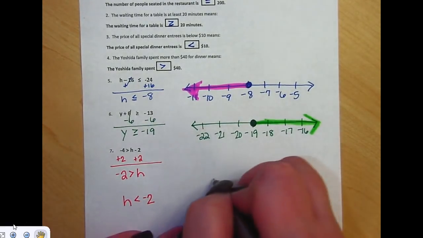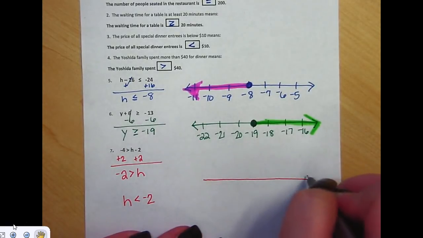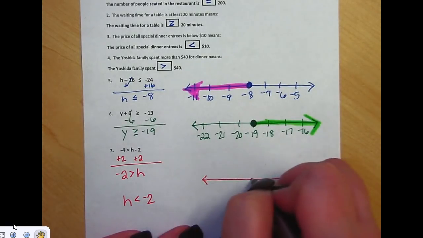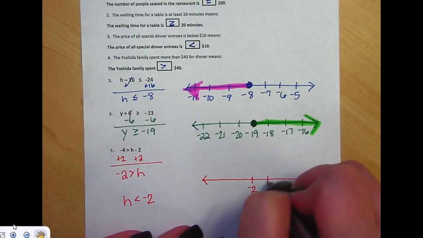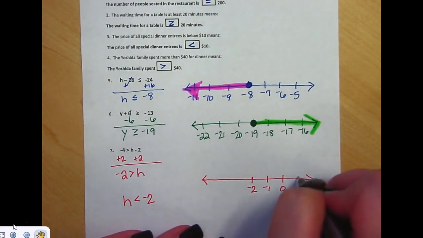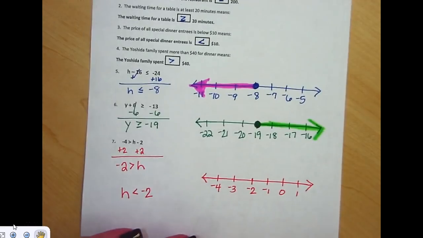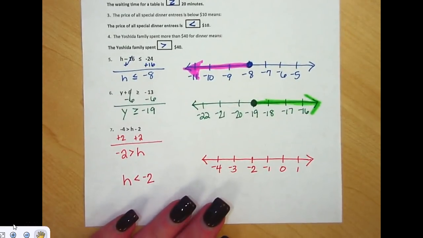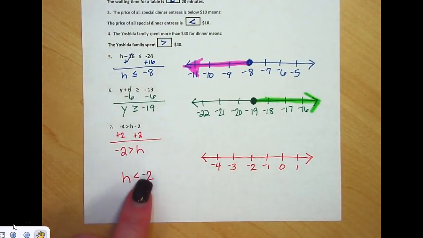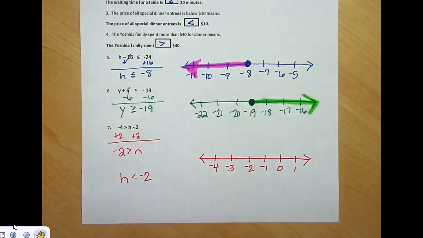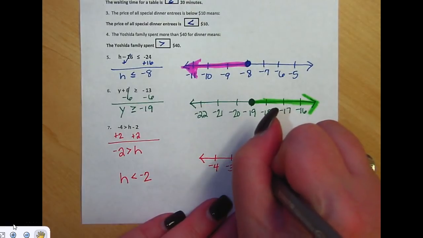Now can we graph that? Yes. Open number line. What's going to be in the center? Negative 2. Open point or closed point? Can it include negative 2? No, so it has to be an open point.